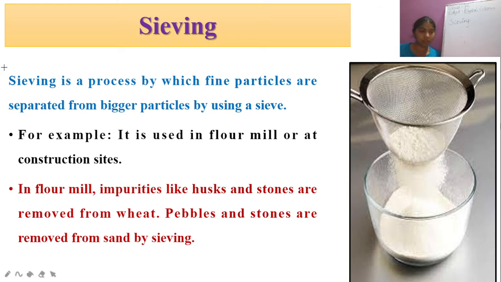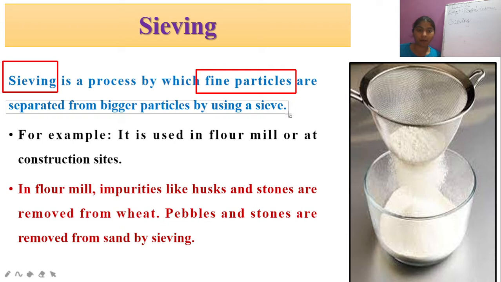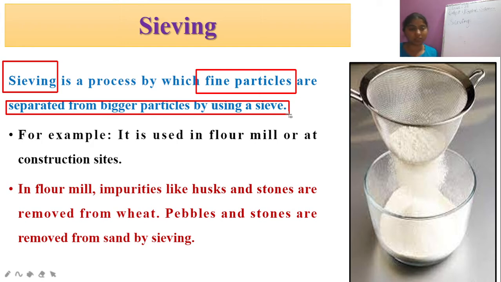So sieving is a process by which the fine particles are separated from the bigger ones by using a sieve. So you can use a sieve to separate the fine particles from the bigger particles. That is how we use the sieving process.